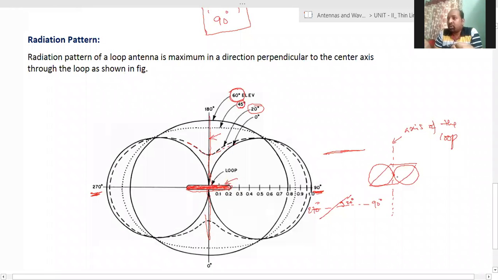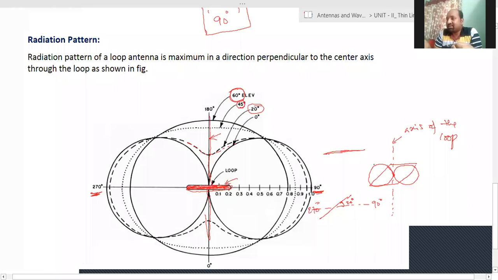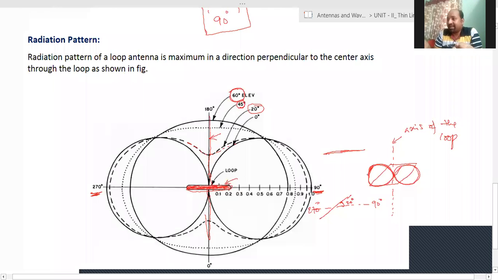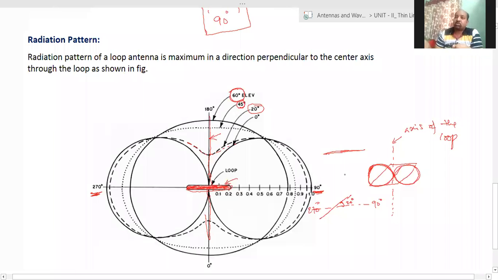Only if the radiation pattern is a figure-of-8 shape, bidirectional, can we find out the direction of the incoming signal. Then only can we use it in direction finding applications. So this is the radiation pattern, and this is about the loop antenna.